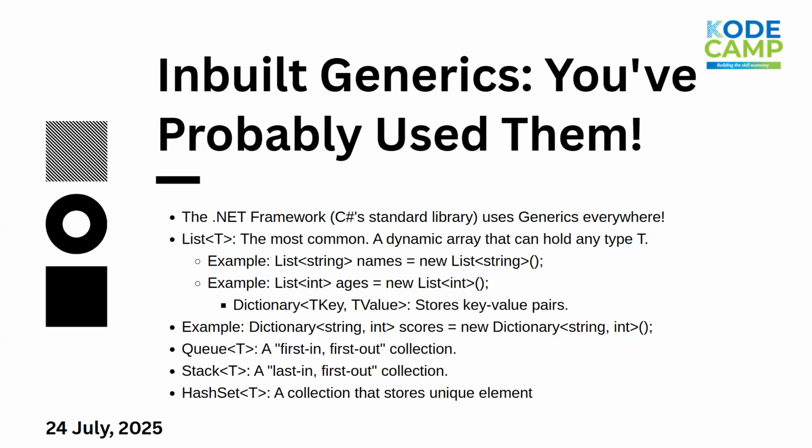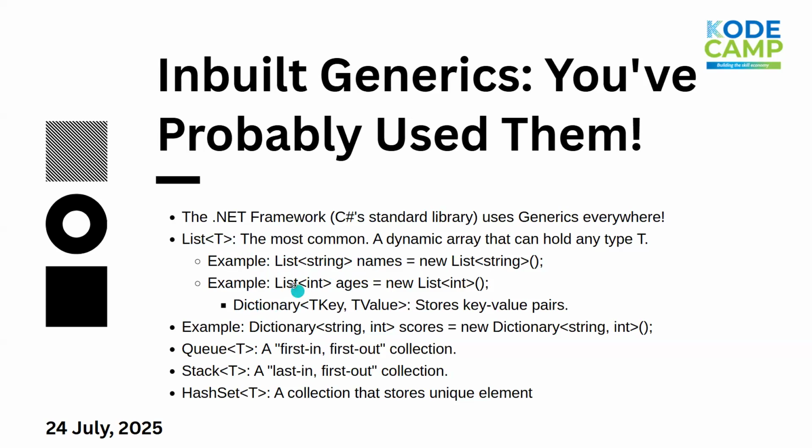Assuming you were asked to store names of students, you call the List, then specify the data type. This T represents the data type. So this is you consuming or calling the generic class. This is you defining it. This is the definition, and this is you calling it. Do you get? Yes. Great.